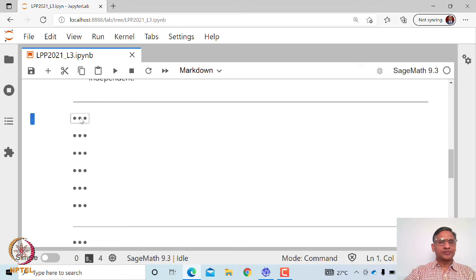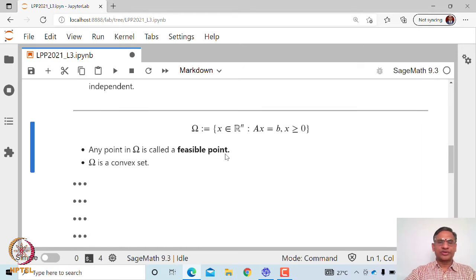Right. Now let us look at this set which we defined earlier: omega, the set of all x in Rn satisfying the constraints, that is Ax equal to b and x non-negative. Any point in omega is called a feasible point, and omega itself is called the feasible set. And one can show that this omega is a convex set.